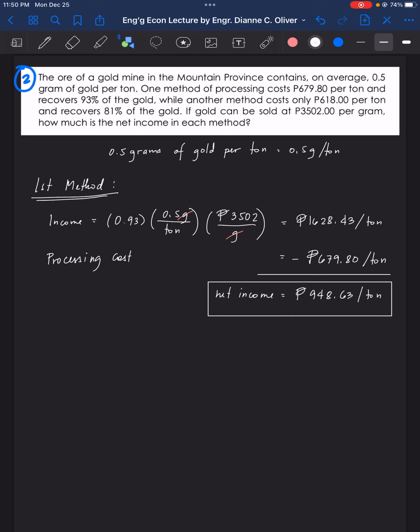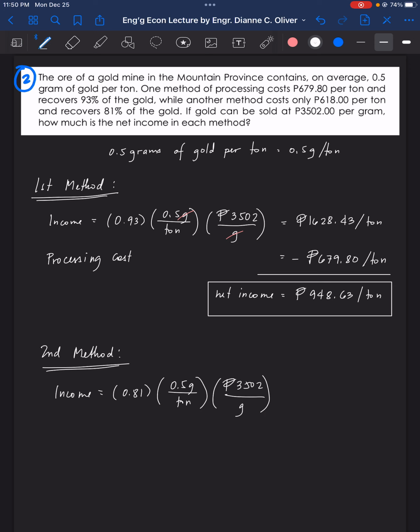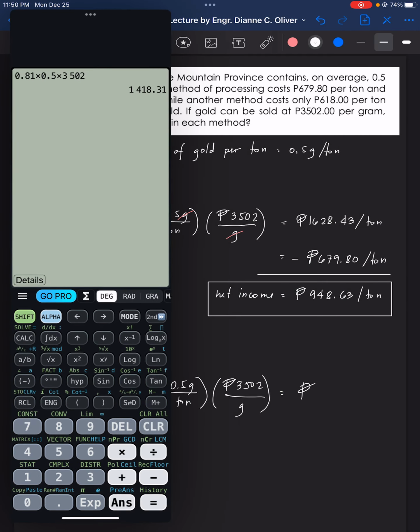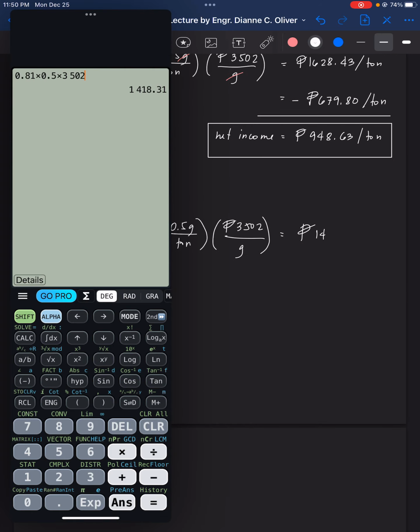Now for the second method, so solve first for the income. So it has a recovery rate of 81%. So 81% of 0.5 grams per ton times the price is 3,502 per gram. So that is equal to how many per ton? 0.81 times 0.5 times 3502. So 1418.31 per ton.